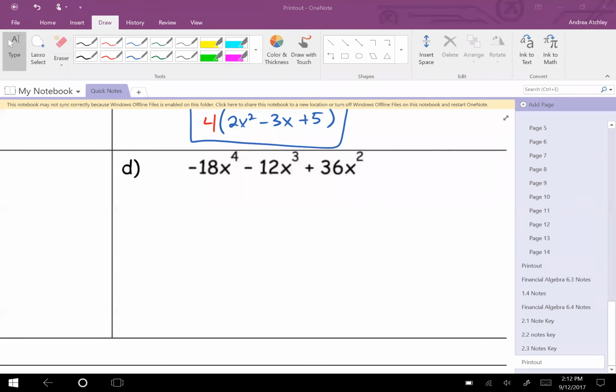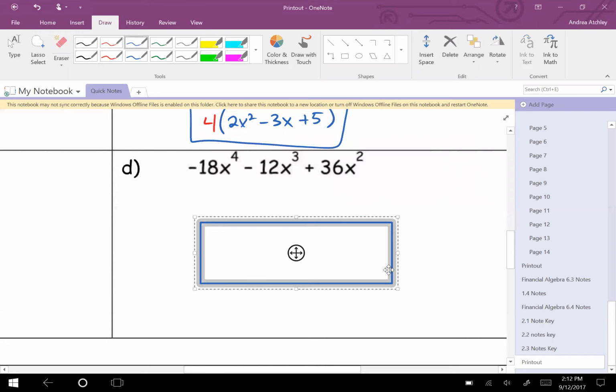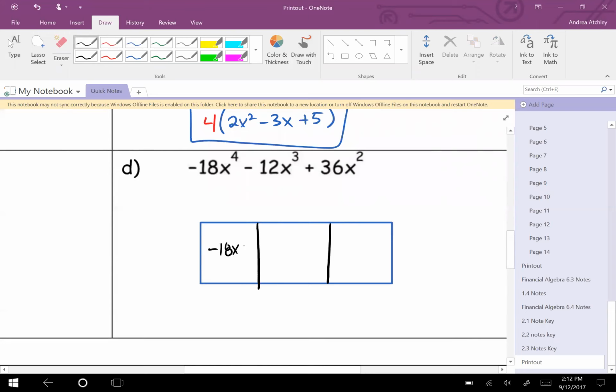Okay, so our next one is slightly different. We're back to 3 terms, negative 18x to the 4th, negative 12x cubed, and 36x squared.